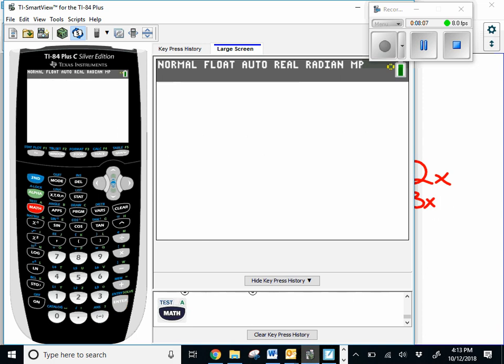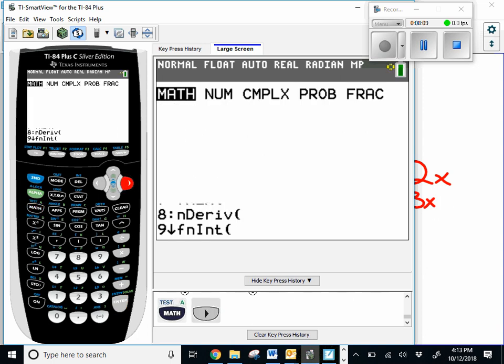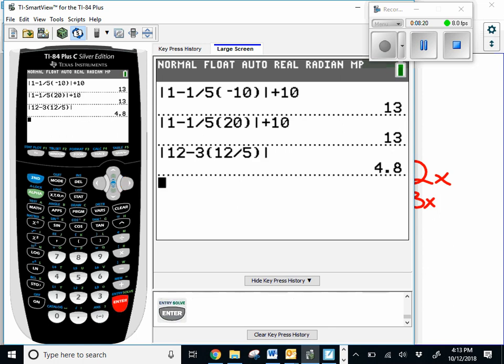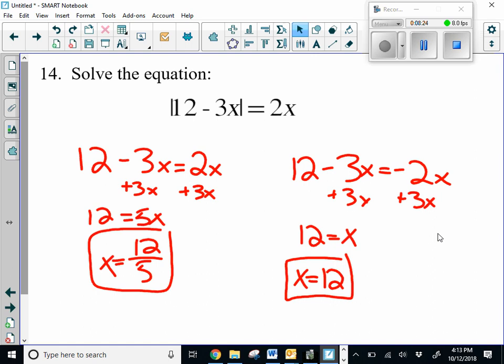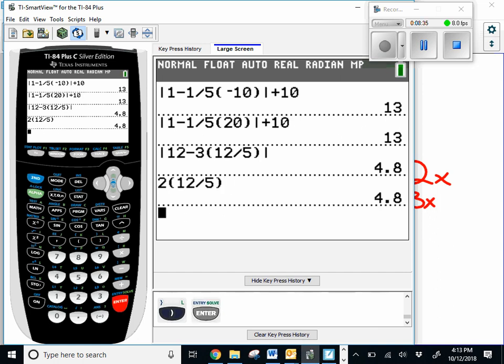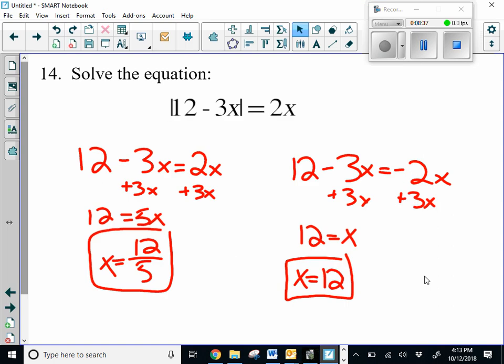So again, that's math, number, abs, 12 minus 3 times that first one, so 12 over 5. That gives us 4.8. Then we got to figure out the other side of the equation. So that 2x, so we got to do 2 times 12 over 5. So if this is a solution, it should also give us 4.8. And it does.